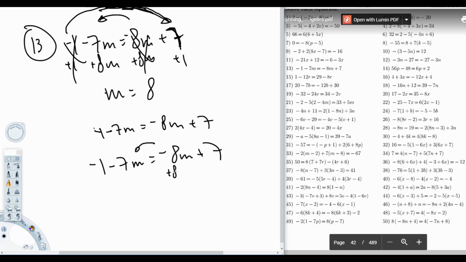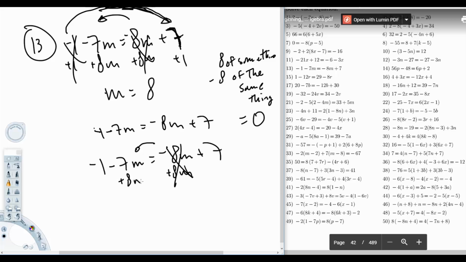So I'm going to add 8m here to cancel the minus 8m. 8 of something minus 8 of the same thing equals 0. So this cancels out.